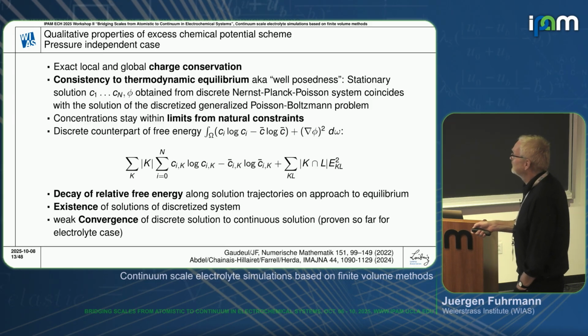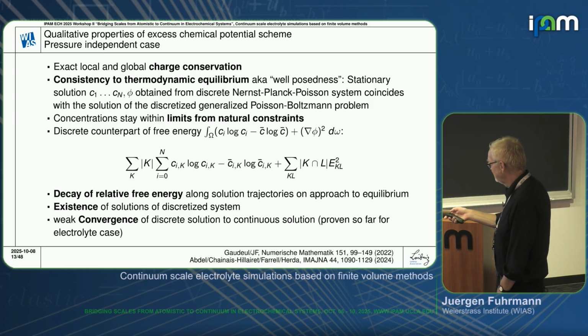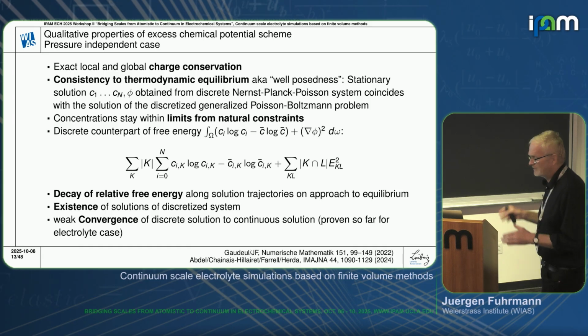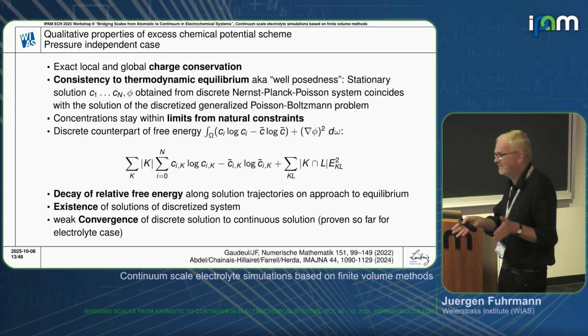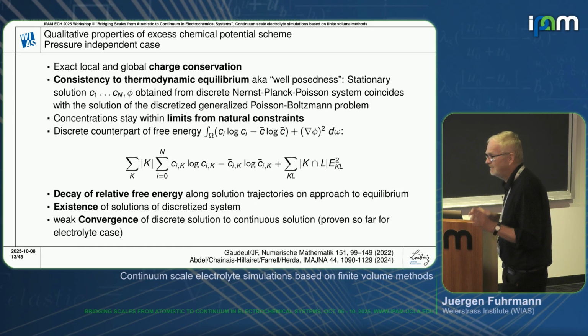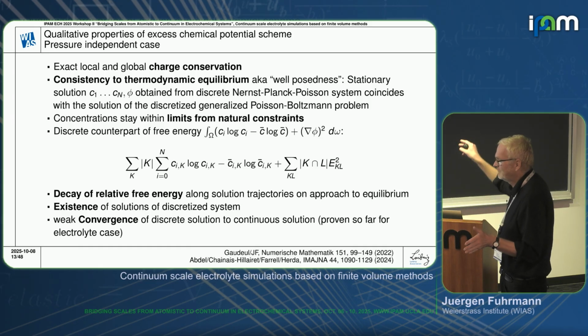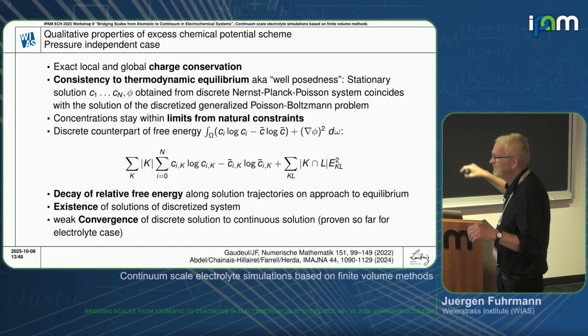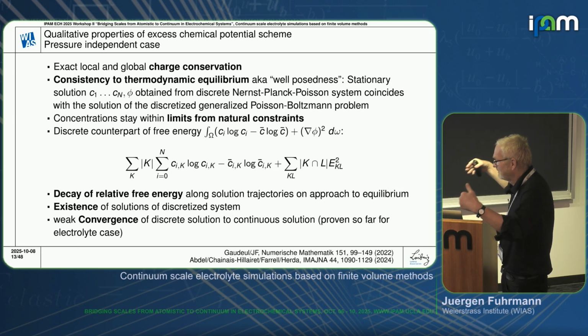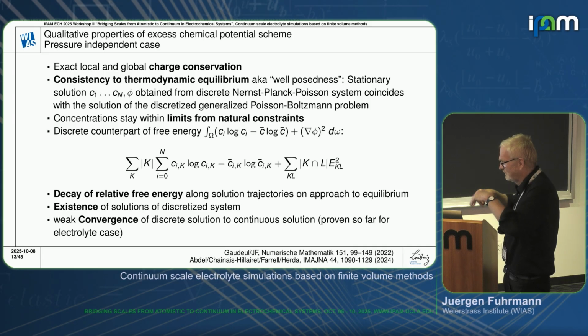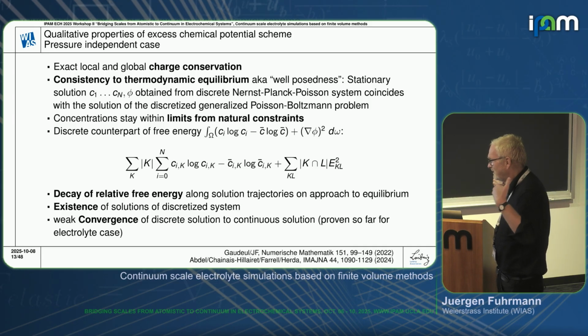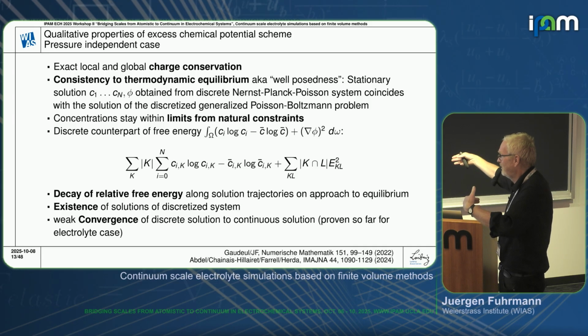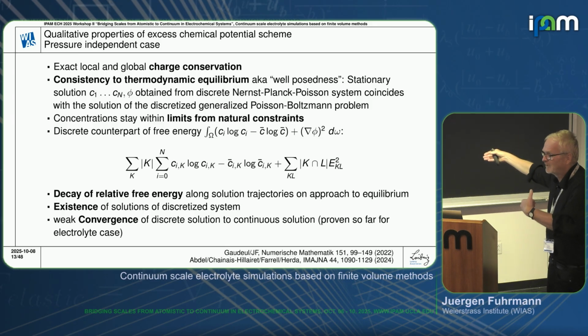We have consistency to thermodynamic equilibrium. Here the point is that we could just discretize our nonlinear Poisson equation, as I showed it to you, independently of the Nernst-Planck system. And on the continuous level, we can show that if you start with some initial value and get a time evolution, then at some point the system will drive into equilibrium.